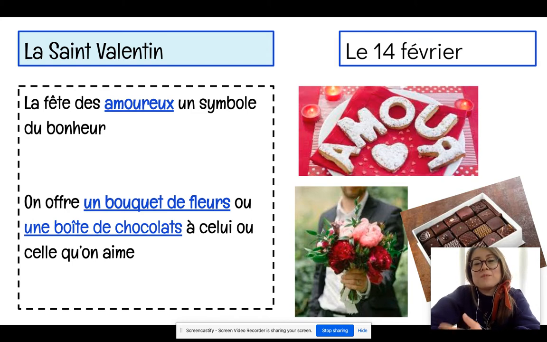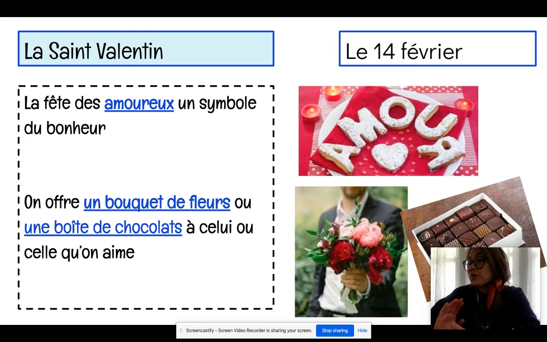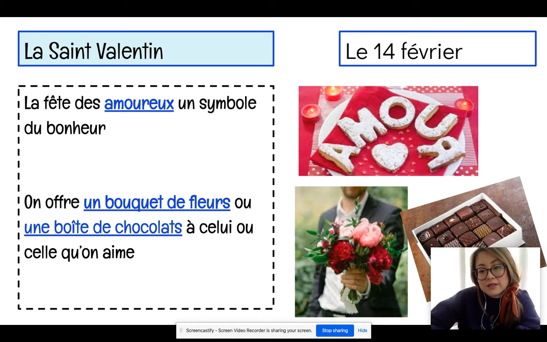So, une différence culturelle est que comme aux États-Unis, au magasin, avant le 14 février, on voit toujours des fleurs et aussi des chocolats et des petits cadeaux. Mais aux États-Unis, la Saint-Valentin, c'est pour tout le monde. Tout le monde peut fêter la Saint-Valentin.